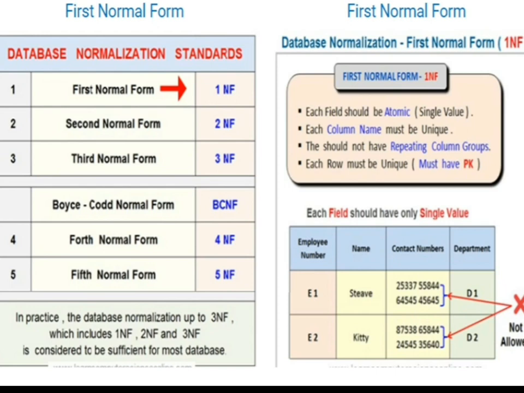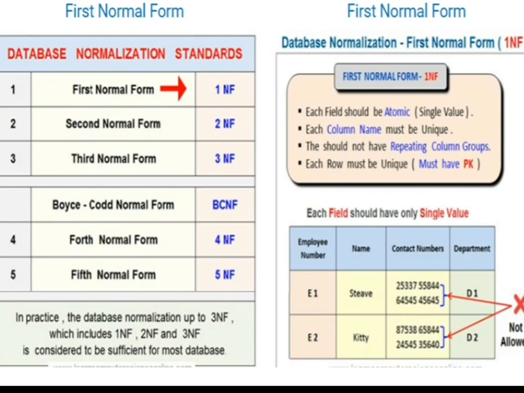We know that a table contains rows and columns. If a row and column contain multiple values, then we say that the table is not in the first normal form. For a table to become 1NF, every field, every cell of a table should have an atomic value. It means that it should have a single value.